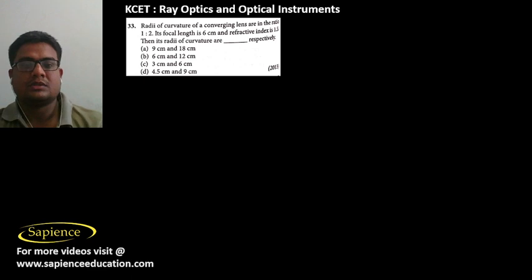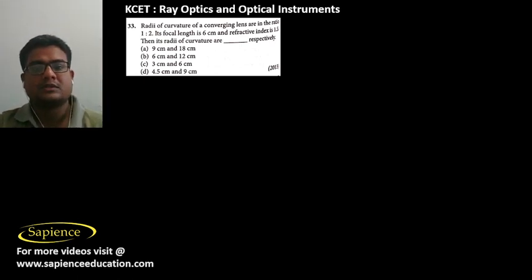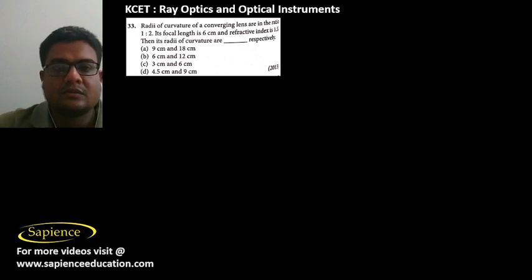Then in question number 33, it's told the radii of curvature of a converging lens are in the ratio 1:2. Its focal length is 6 cm and refractive index is 1.5. Then its radius of curvature r. So suppose its radii of curvature are r and 2r.